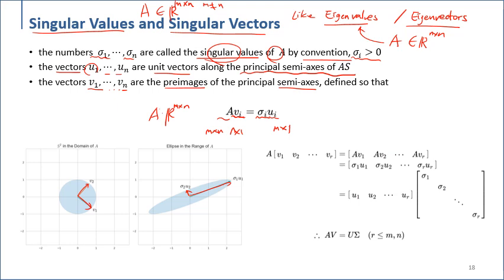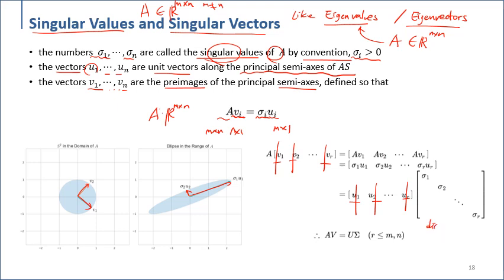Here, by rewriting these V1 and U1 using vector matrices, this can be understood as the column vectors V1 to Vr, and this is also the column vectors U1, U2 to Ur.